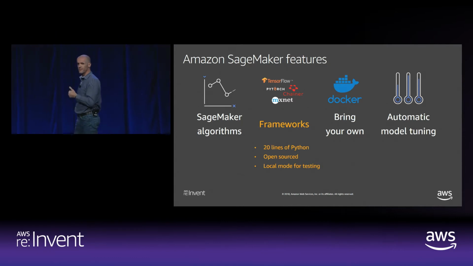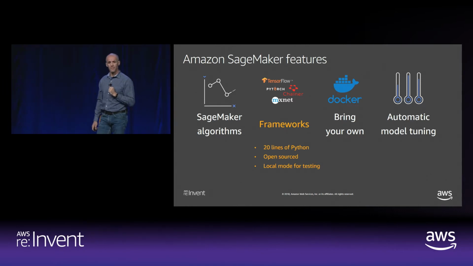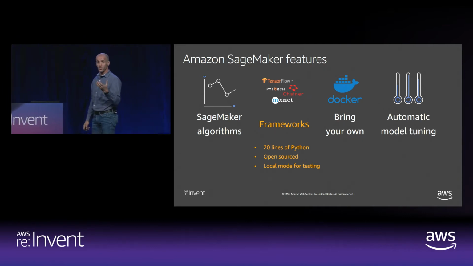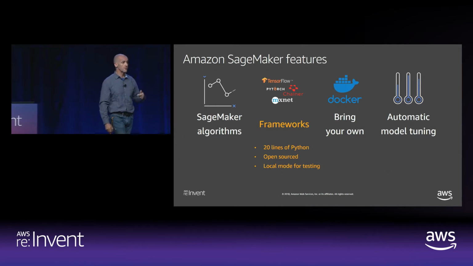You can write your machine learning models in your favorite framework, and we support TensorFlow, PyTorch, Chainer, and MXNet. You can write as little as 20 lines of Python code. Put this code in your notebook and start training. All of this is open source. All the infrastructure is open source, and you can also use it on your laptop using what we call local mode for testing, so that you have an even faster cycle of iteration.